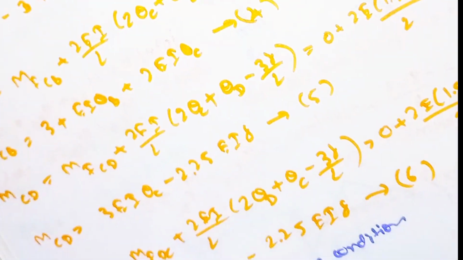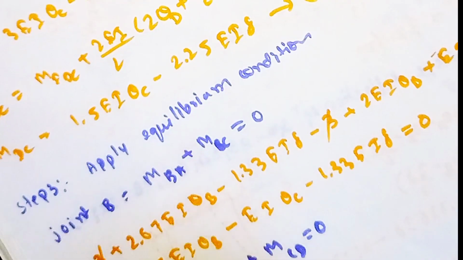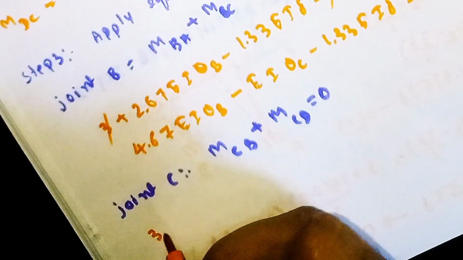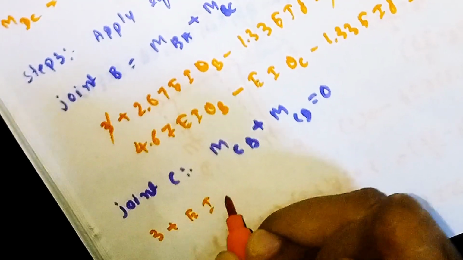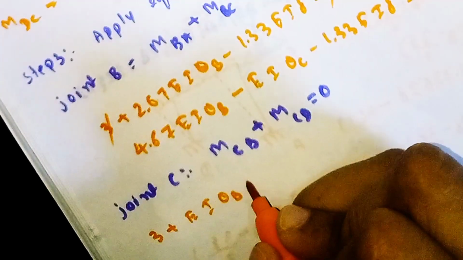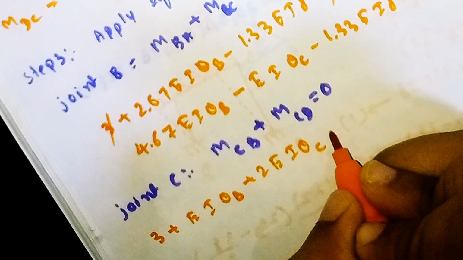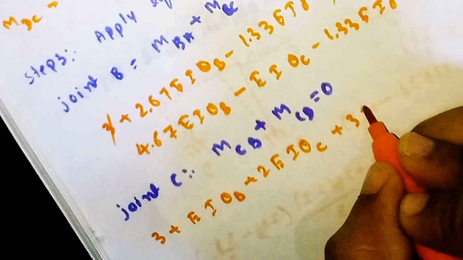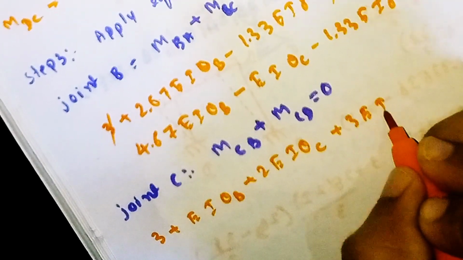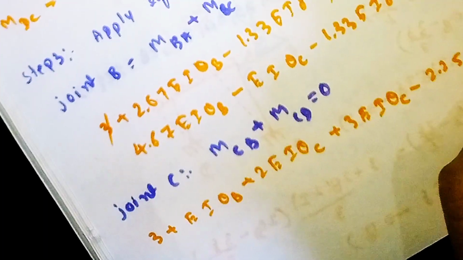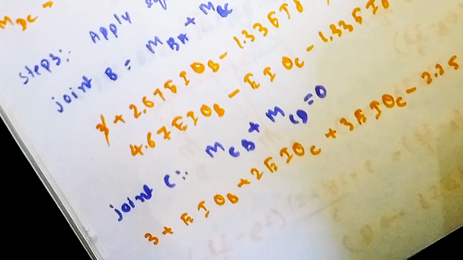Substituting these two values: 3 plus EI theta B plus 2 EI theta C plus 3 EI theta C minus 2.25 EI delta is equal to 0.